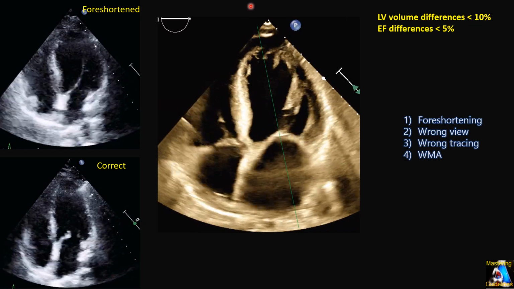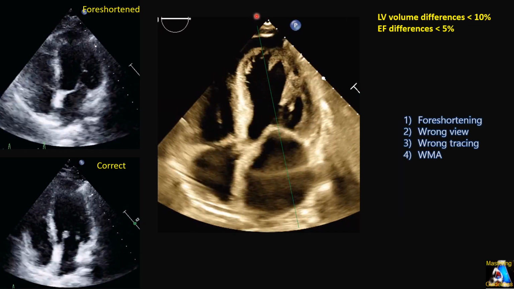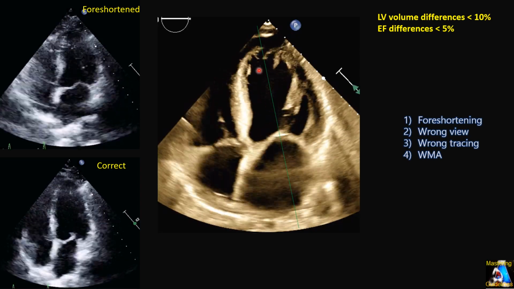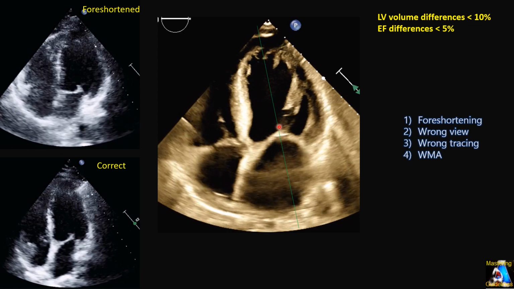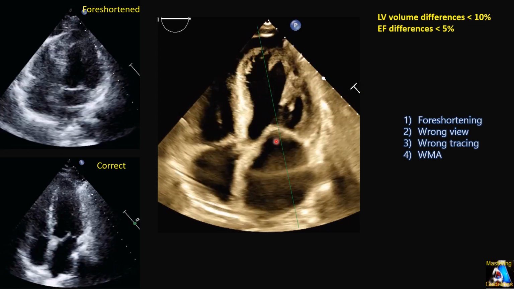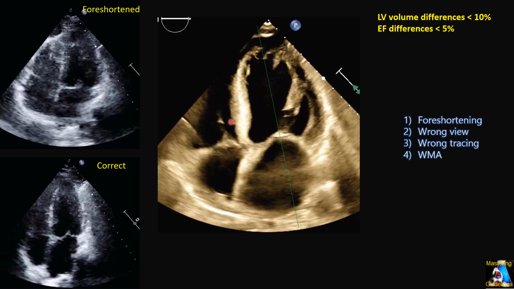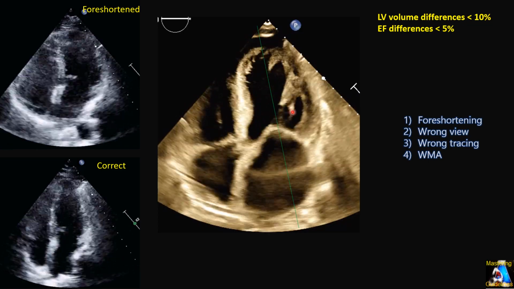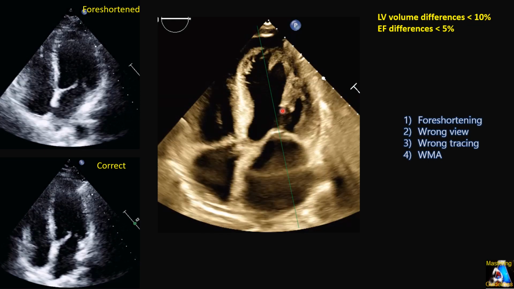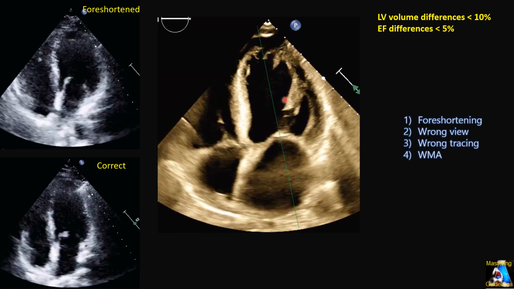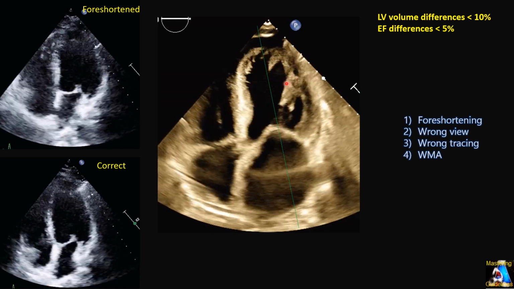When we move the probe medially and place it exactly on the long axis of the left ventricle, we just twist counterclockwise until we completely lose the right side and get all the criteria that I explained. Then 100% we will be on the axis of the left ventricle in apical 2.